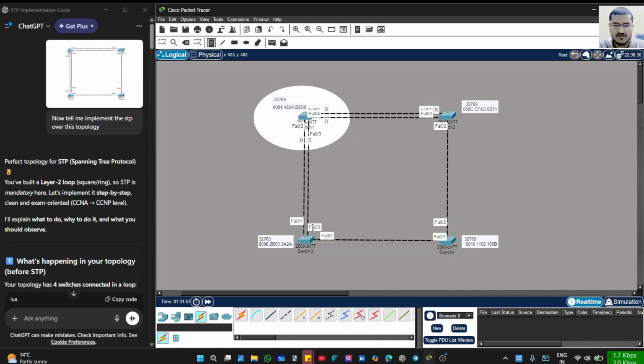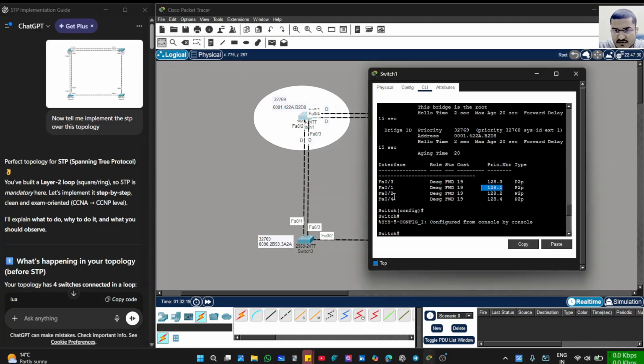I forgot which one was the root port over here. So this is the device, and next to the device, the neighbor device is this, and the neighbor's interface cost I have to consider. So I will go into it and check F02 and F03, sorry for that, 2 and 3. So the minimum would be 2 in this situation, so 2 is here. So the F01 would be the redundant link for this.